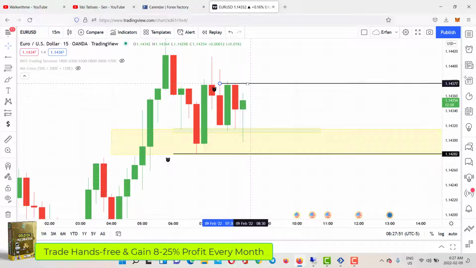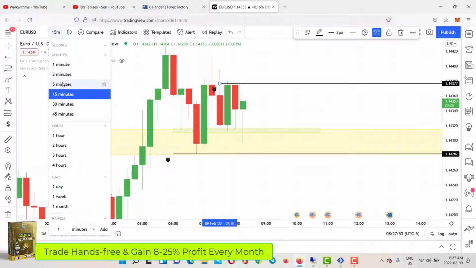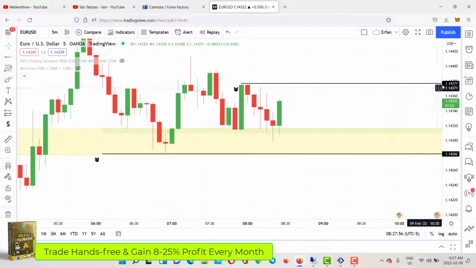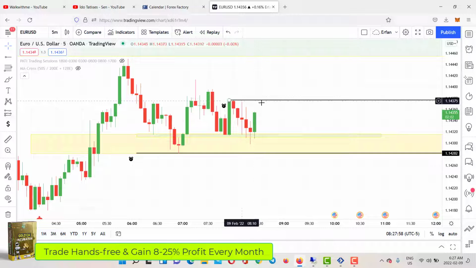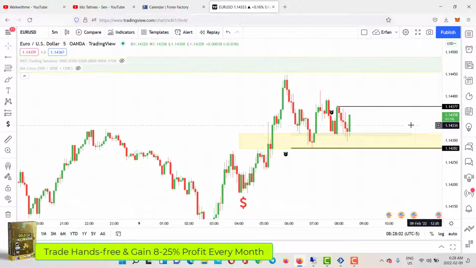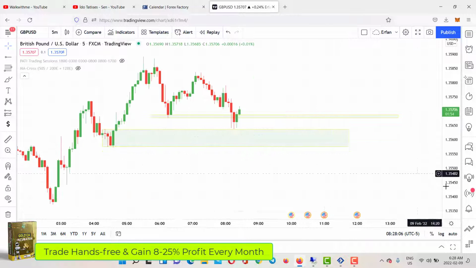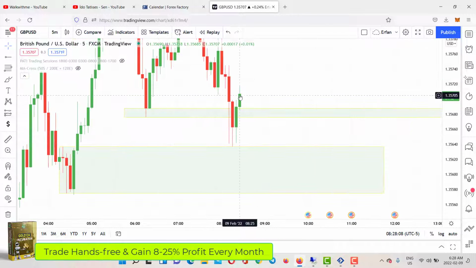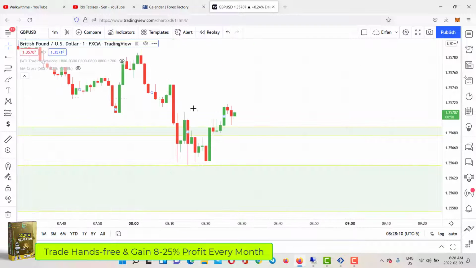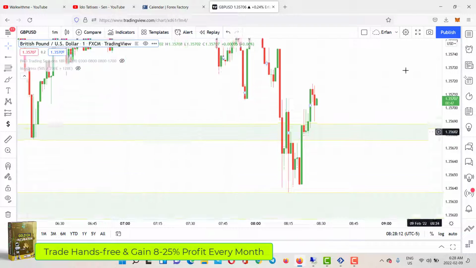Even for EURUSD, I'm going to take it above this level. I want to make sure it has actually tapped into this level, and then I take it to make sure everything is good. And then GBPUSD, see, now it's probably doing a little bit of correction on 1 minute.